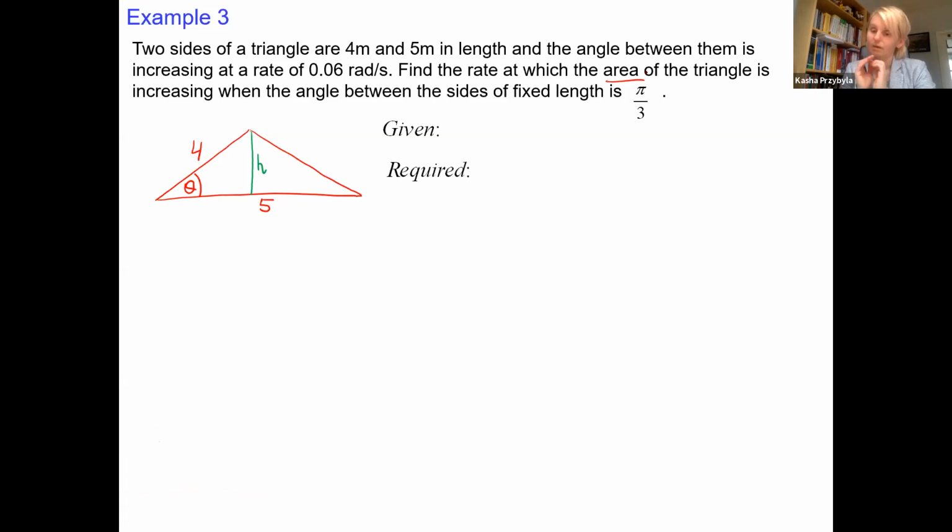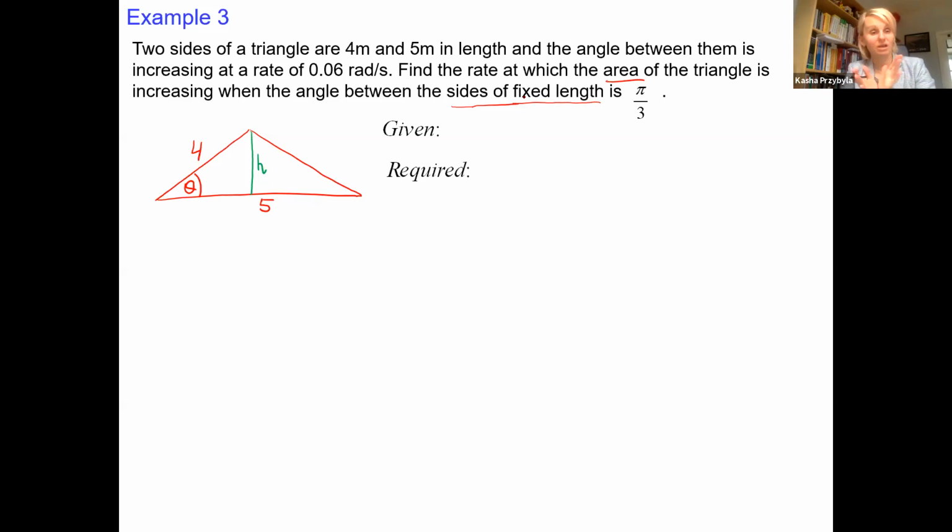Now the first question, because I did put 4 and 5: do you think 4 and 5 are fixed lengths and they will not change? Can I use 4 and 5? Yes. That means I don't have to label them A, B. The sides are fixed lengths, so 4 and 5 is fine.